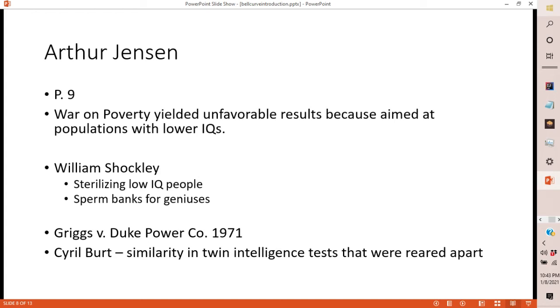The HER, Harvard Educational Review, asked him to consider why compensatory and remedial educational programs begun with such high hopes during the War on Poverty yielded such disappointing results. And Jensen said something kind of controversial, concluded that the programs were bound to have little success because they were aimed at populations of youngsters with relatively low IQs.